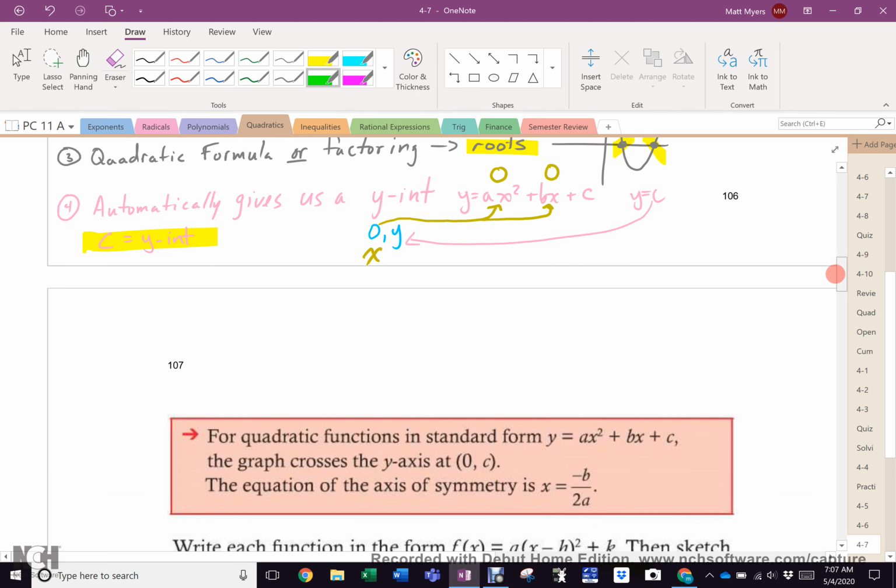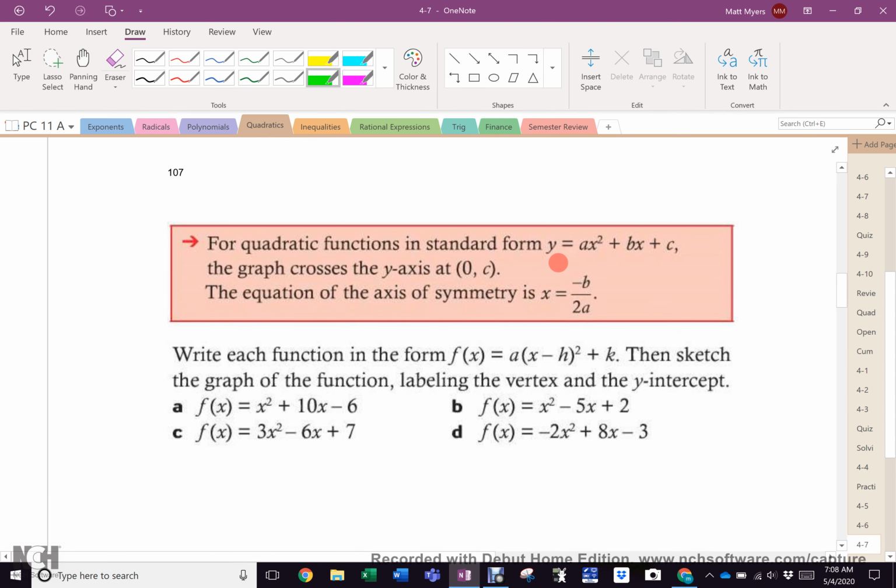And that trick is outlined right here. When you have a quadratic function like this, we already know automatically that that is our y-intercept. Right there, we know our y-intercept always. So the only thing that's missing is our vertex.